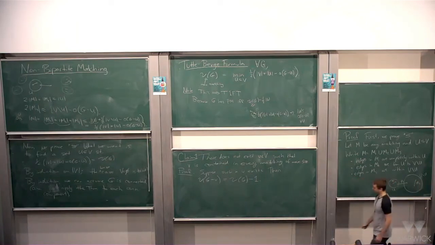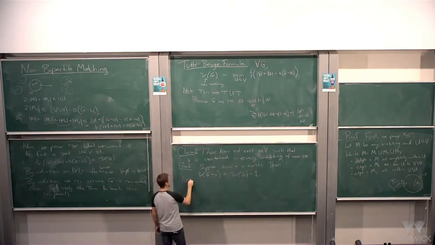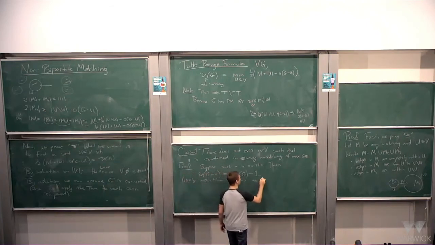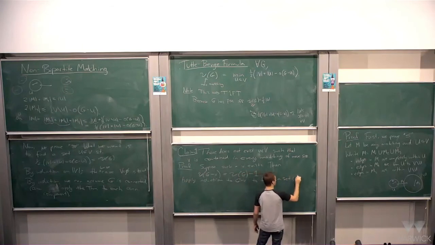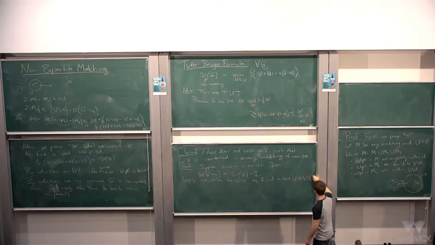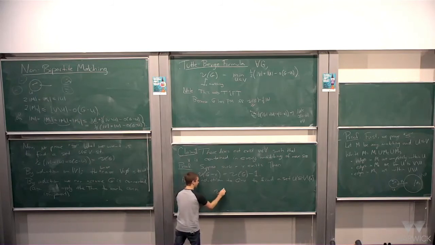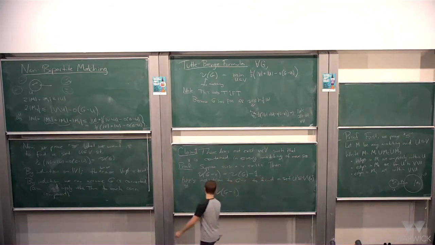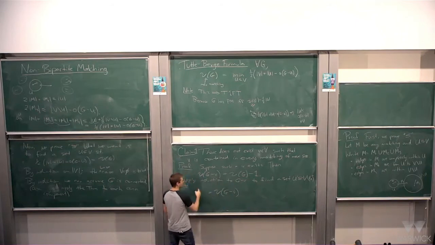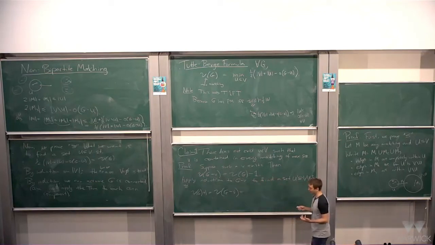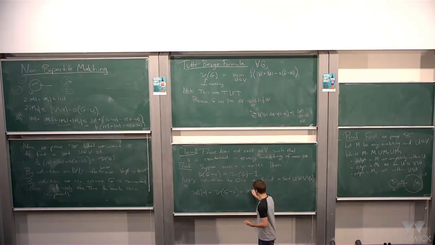So now we apply induction to G minus v to find a set U prime contained in V minus the vertex v such that, so leave some room on the left side here, the matching number, which I've already told you is equal to that minus 1, is equal to the minimum overall.